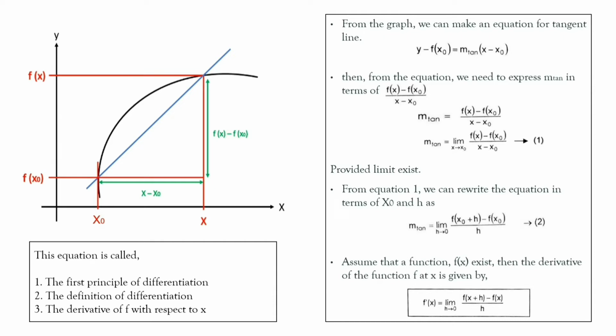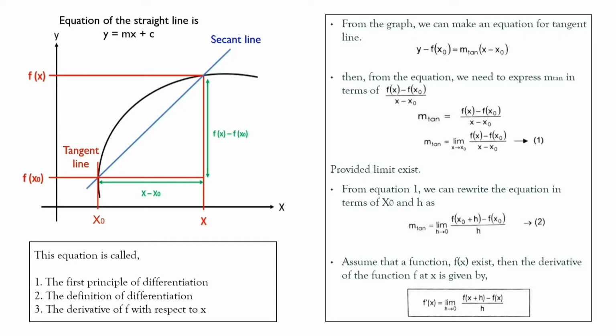From the graph, we can see that the blue line is a secant line and the red line is a tangent line. We know that the equation of a straight line is y equals mx plus c.